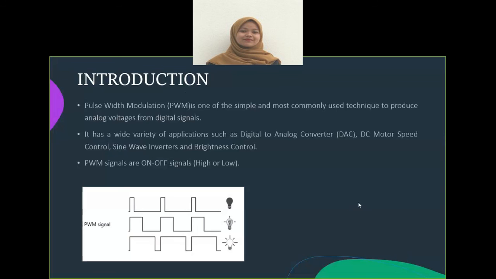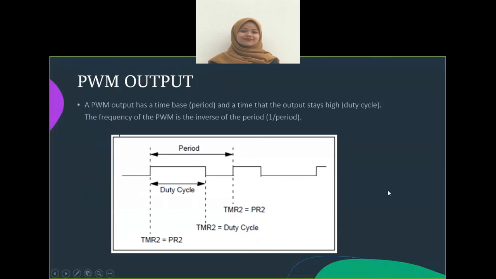PWM signals are on-off signals, which are high or low. A PWM output has a time-based period and a time that the output stays high, which is the duty cycle. The frequency of the PWM is the inverse of the period, which is 1 over period.